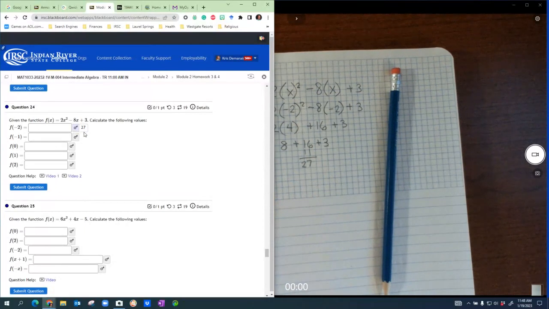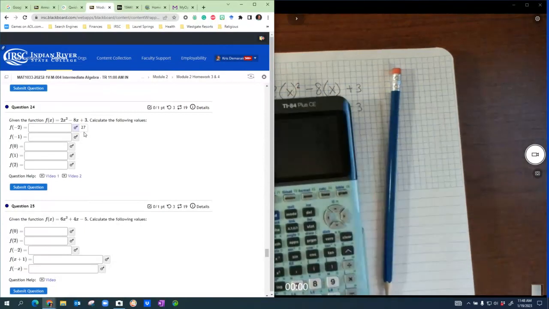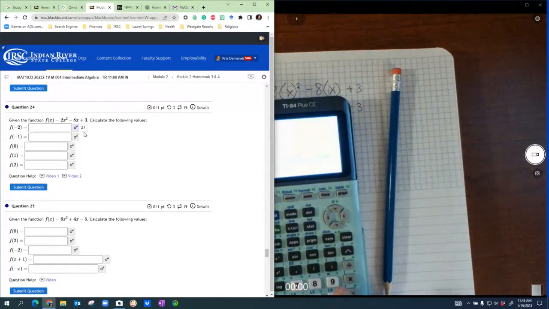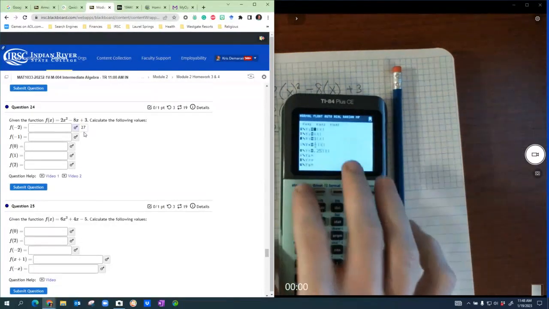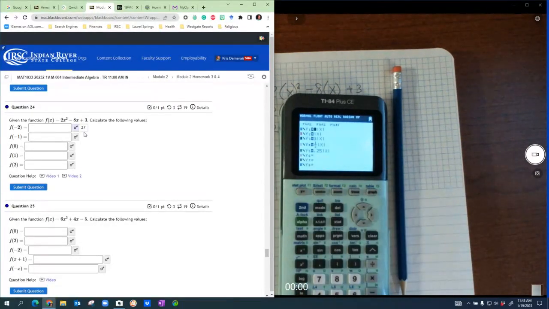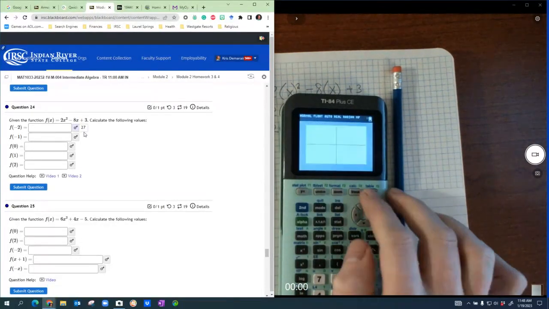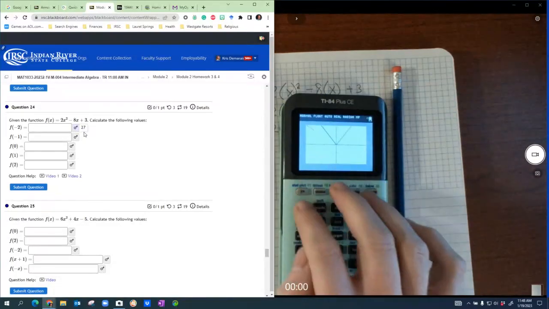Now, it'd be really, really nice if you had a graphing calculator. Now, I'm going to show you, and by the way, if you have the financial ability, you should probably invest in this because you need it for college algebra anyway. But I'm going to show you how to use the graphing calculator. Watch this. Now, you're going to hate me for showing you this, but let me clear all these out. I'm sorry.